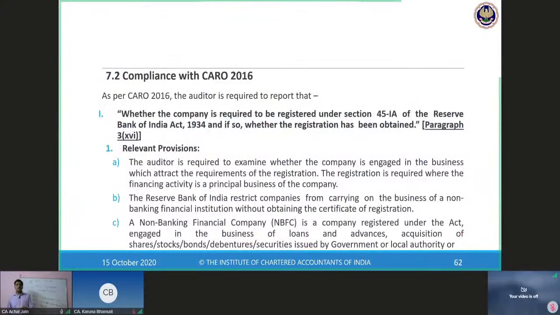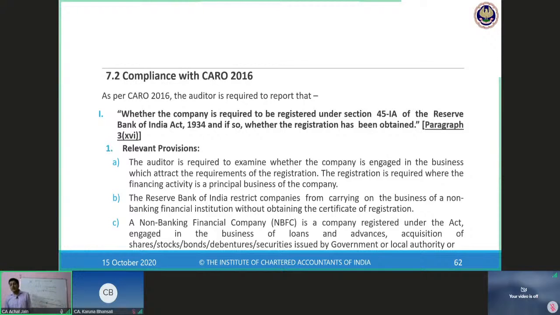Now, along with this, the audit report, which is required as per the Companies Act, that means CARO, is also requiring the auditor to comment on this point specifically. So that means registration is considered to be of extreme significance in case of an NBFC. The auditor is required to examine whether the company is engaged in the business which will attract the requirements of this registration.